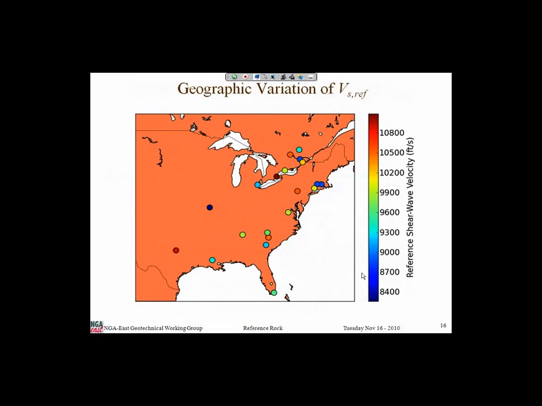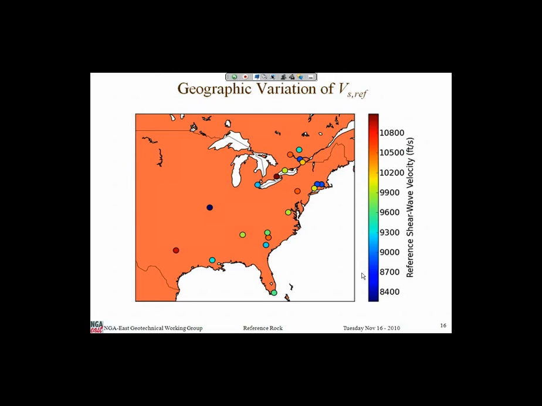This is a geographic variation of the VS reference that we're looking at, and we can't really see any specific trend based on region. Why are we looking at that? Because one of the issues we wanted to look at is, are we going to do any regionalization of this reference rock?